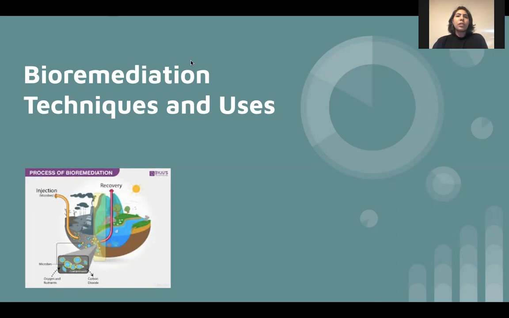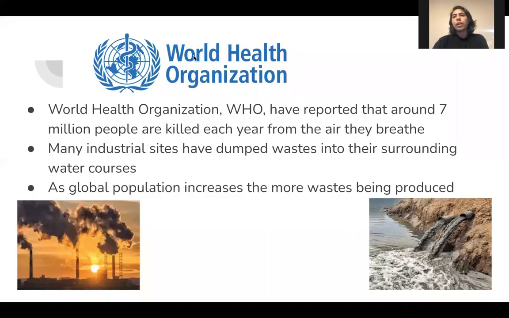The two main well-known types of bioremediation are mycoremediation and phytoremediation. The first one, the main agent is fungi. The second one works through plants.